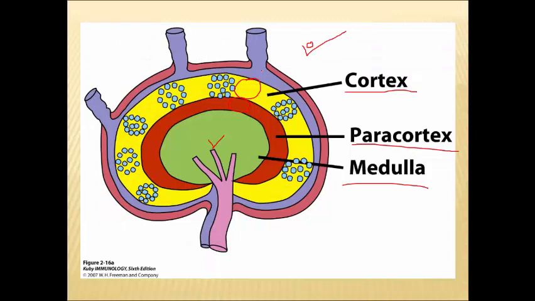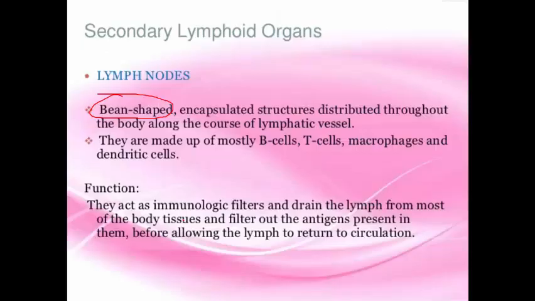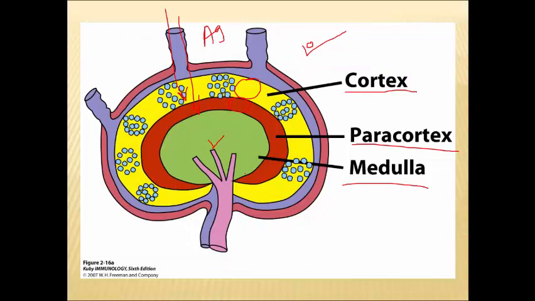This lymph node acts as a filter. Like if lymph is entering here, that lymph will carry the antigen with it, right? So when it enters and exits, it will allow certain antigen to remain inside the lymph node. Antigen will remain inside the lymph node and the rest of the things will be removed.